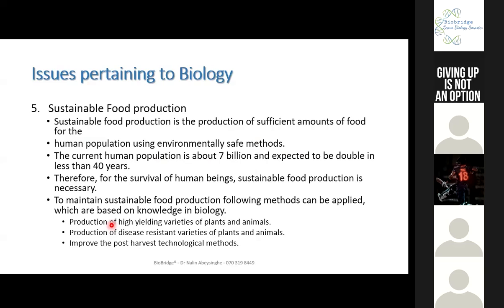And you have to have improved post-harvest technological methods. Know this term, post-harvest technological methods. That is, after crops are taken or after harvesting, there are certain ways the crops or the harvest are destroyed. What are those?